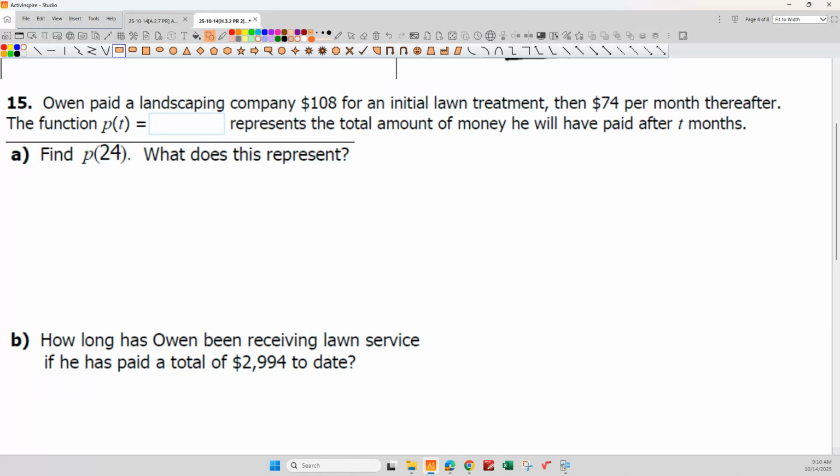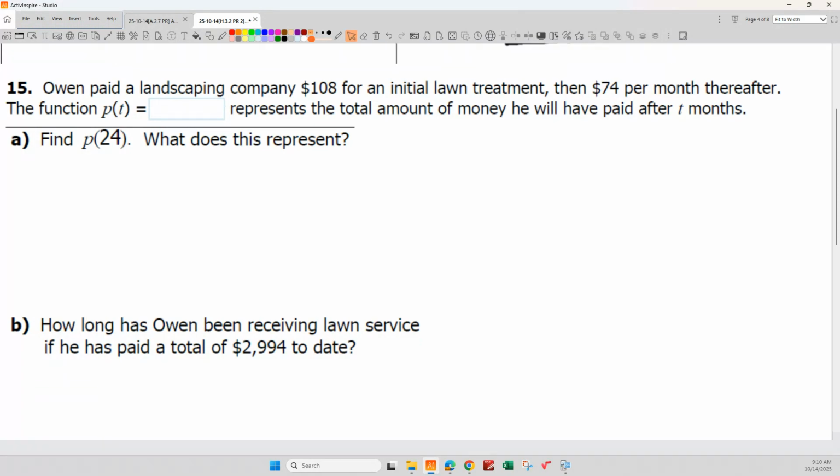What gives away that $74 per month is a rate, so it's getting multiplied by the input? What word? Per. Yeah, there you go. Per tells us it's a rate, doesn't it? Good, so we end up with 74T plus 108, or they mixed it up, doesn't really matter. What does P of 24 represent? I don't want an answer. I just want to know, what does that mean, first of all?